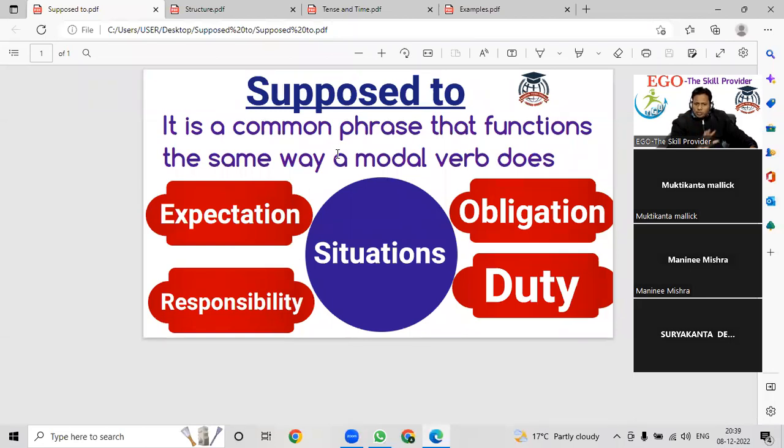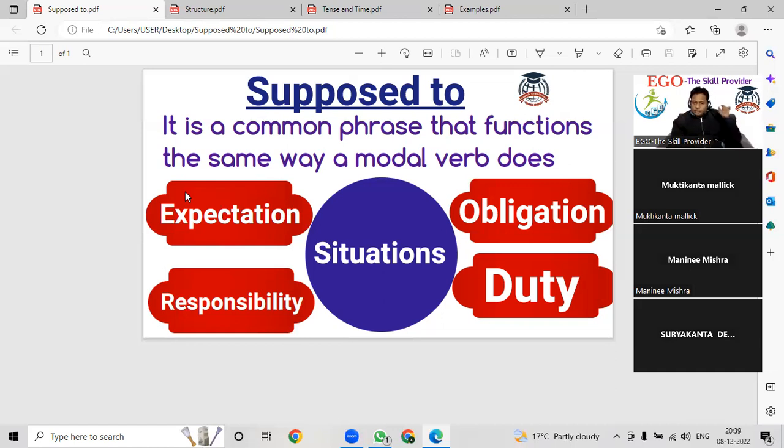But believe me, these are all confusing in nature. There is a single phrase called supposed to, and it is not the past tense of suppose. It is called supposed to. It's completely a phrase. What is a phrase? A phrase is a combination of various words.